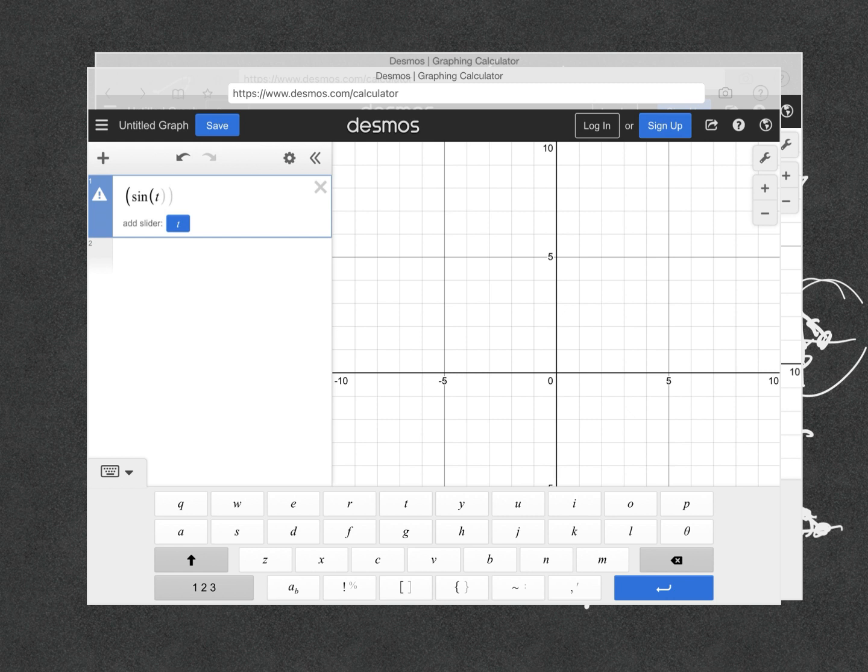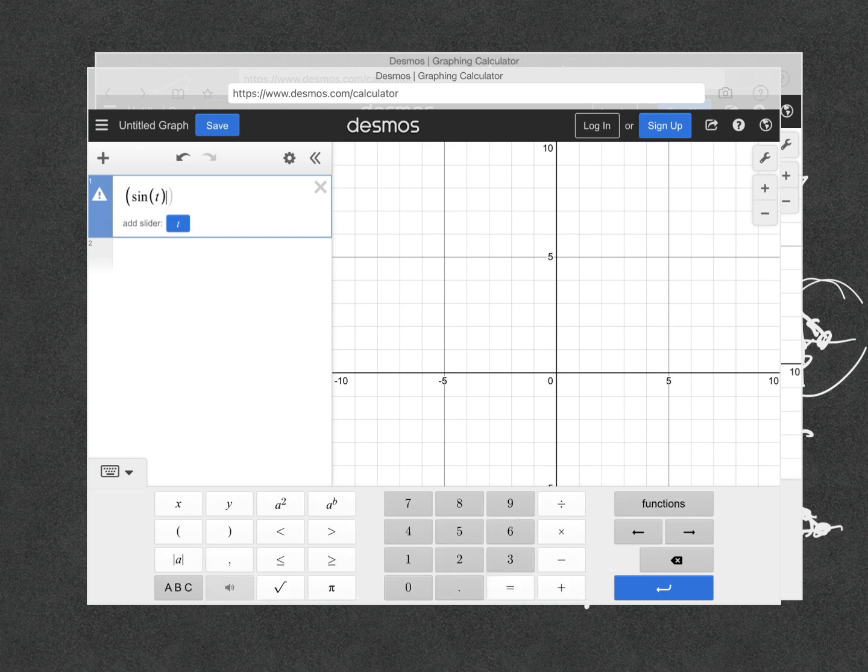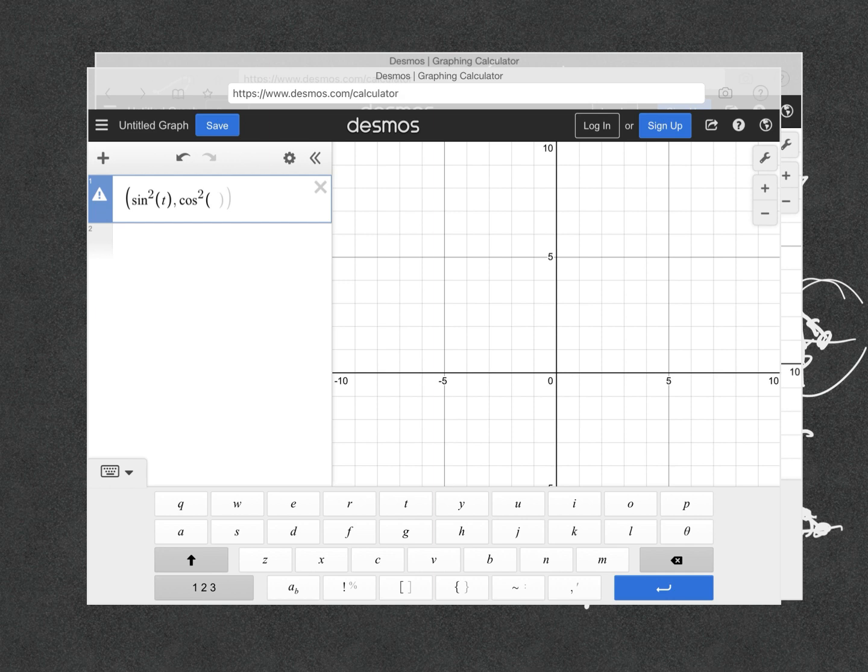So we do sine squared of t, and to get the squared, I arrow back and hit the squared. Now I have that, and then I put a comma, and then the cosine squared of t. Let's arrow, get the squared, go back and get the t, and now we enter it.